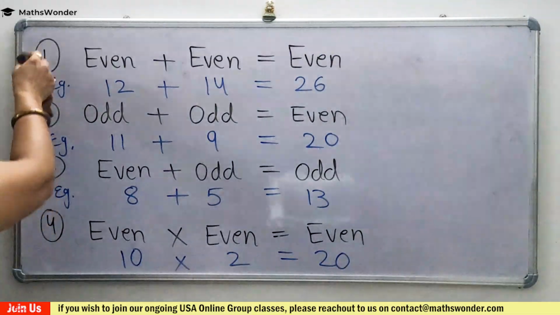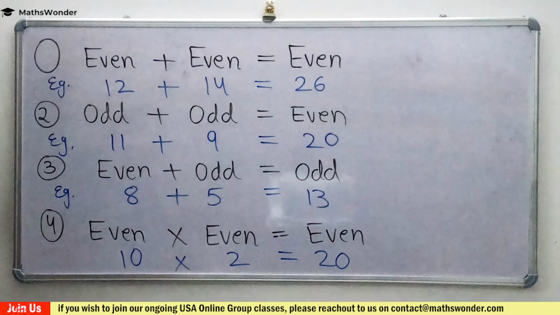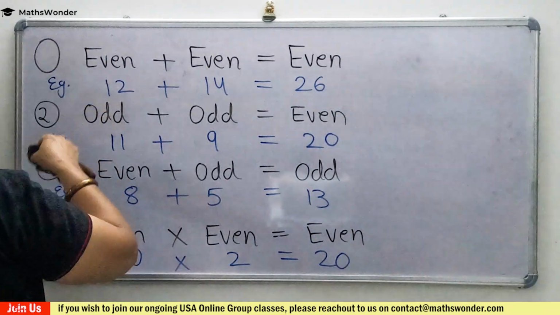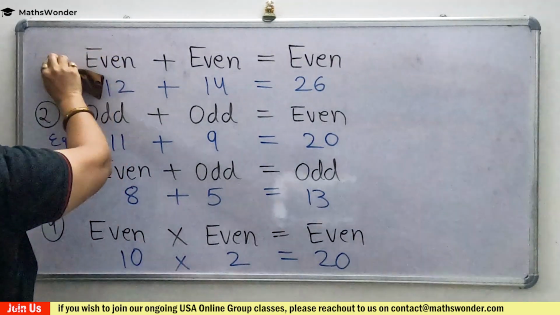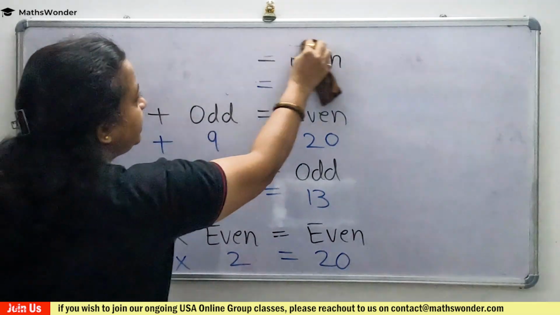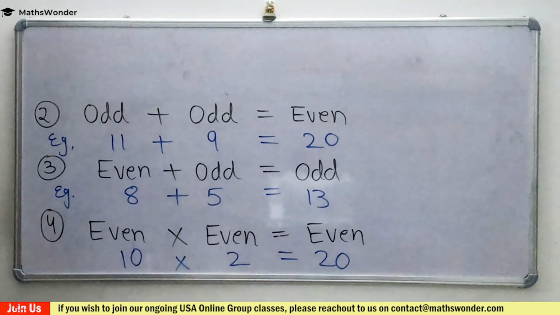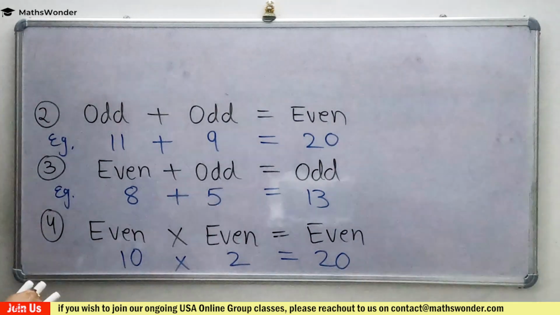Now the fifth is the product of two odd numbers is always odd. Even added with even gives even. Odd added with odd gives even. But the product of two odd numbers is always odd.